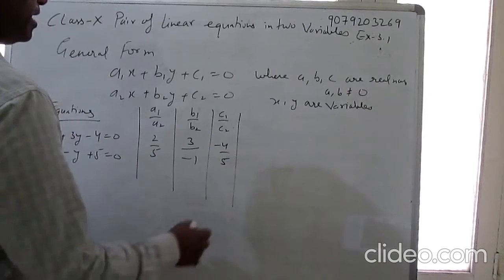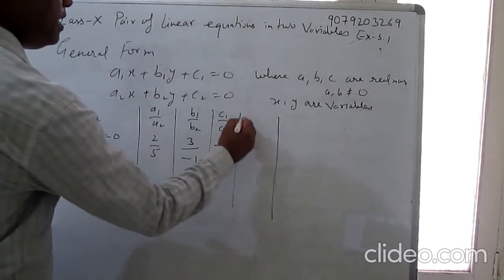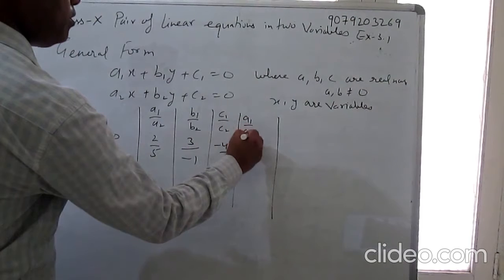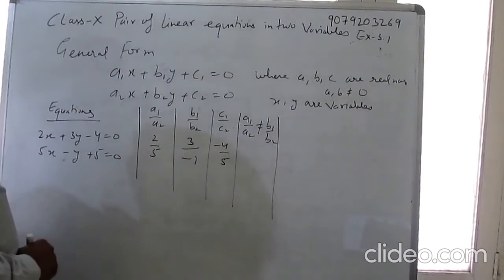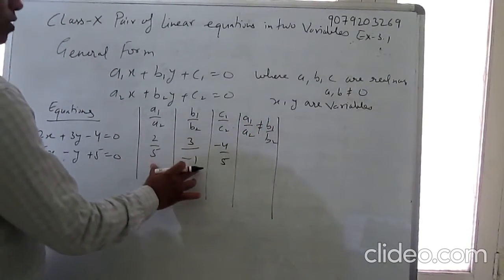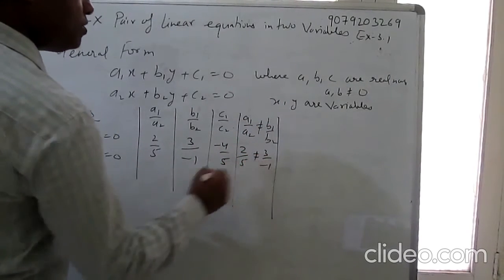Now here you see that a1 upon a2 not equals b1 upon b2. These two are not equal: 2 upon 5 is not equal to 3 upon minus 1.